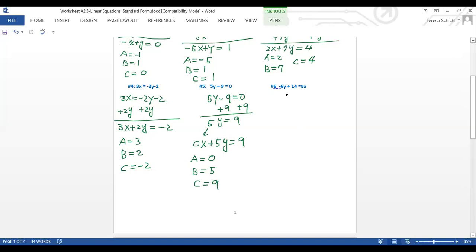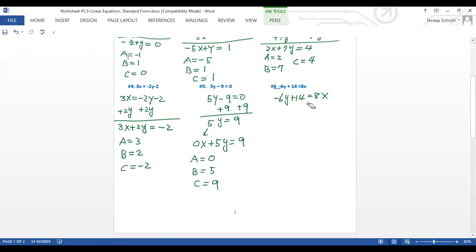So this is negative 6y plus 14 equal to 4x here. Really it doesn't matter which side, right?